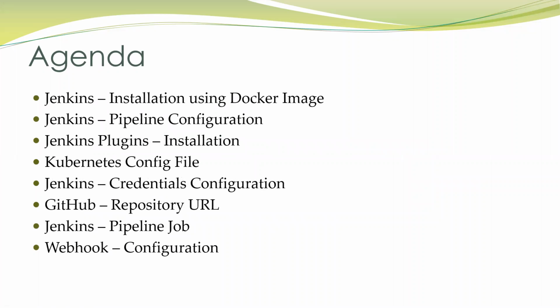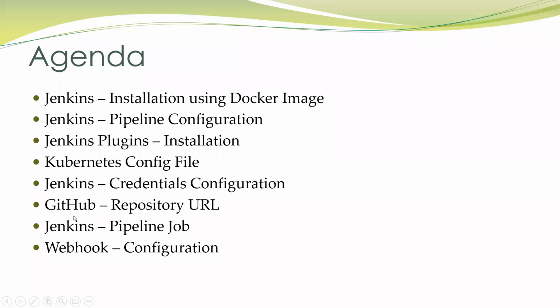The agenda for this demo is installation of the Docker image, this is Jenkins. Then pipeline configuration, then Jenkins plugin installation. After that, the Kubernetes config file, and then some credential configuration over there.